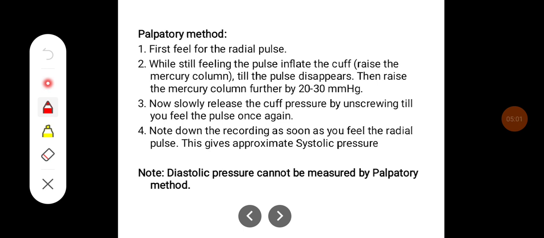Now how to record blood pressure by palpatory method. First, feel the radial pulse. While still feeling the radial pulse, once you tie the cuff properly, inflate the cuff, raise the mercury column till the pulse disappears. Then raise the mercury column further by 20 to 30 mm of Hg.